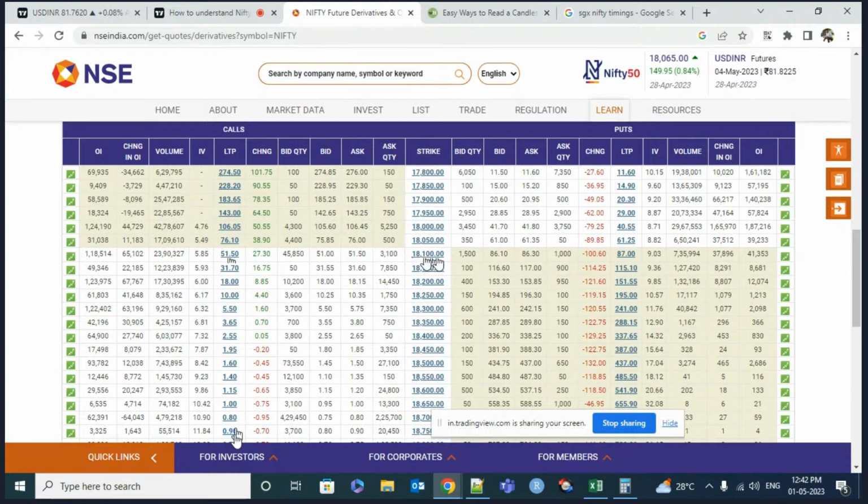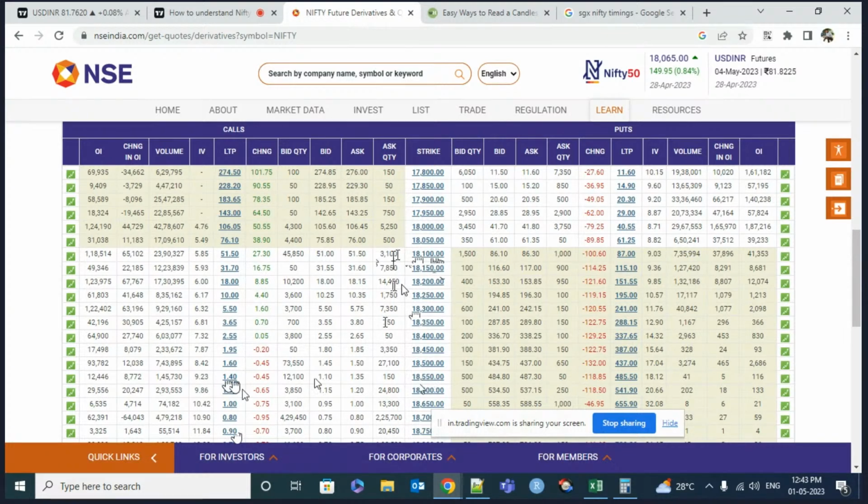When there is volatility, the premium at the money strike will spike much higher. As you go deeper, the jump in the premium will be very low. Say here, the jump in the premium at 18,150 compared to the jump at 18,550: here it will be much higher and here much lower.